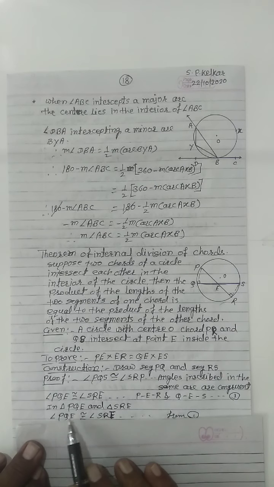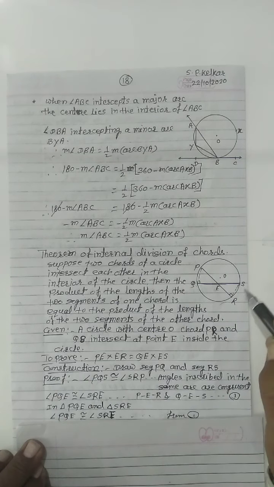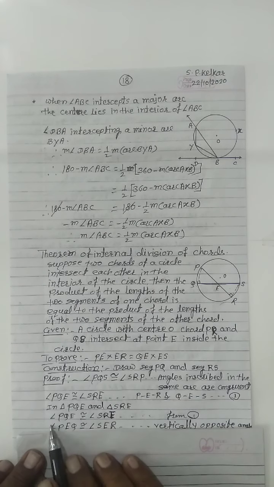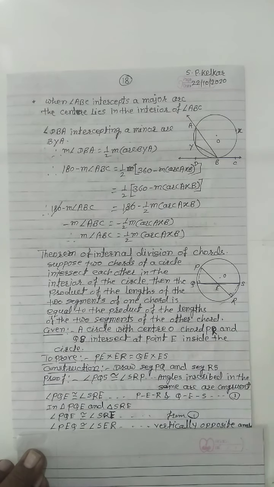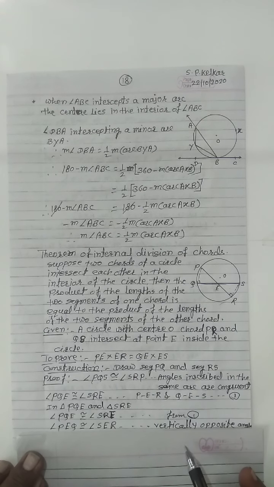Then we see the triangle PQE and this triangle SRE. In these triangles we can write angle PQE, this angle, congruent to angle SRE. The two angles are congruent from equation 1.